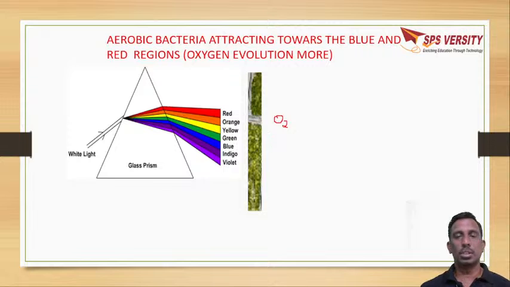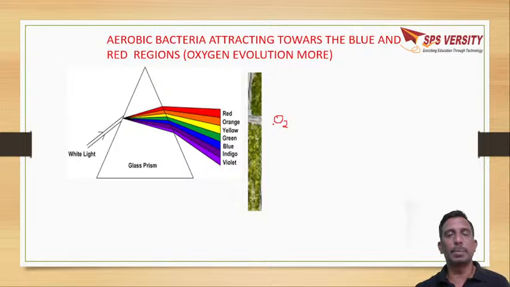The more oxygen is evolved, the more aerobic bacteria are accumulated there. So in Engelmann's experiment, most of the oxygen is released in blue and red regions, and that's the reason why the bacteria are accumulated at blue and red regions.